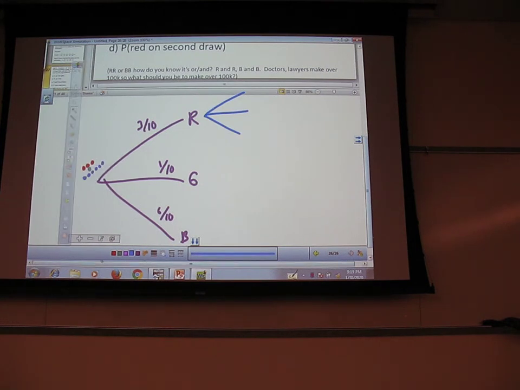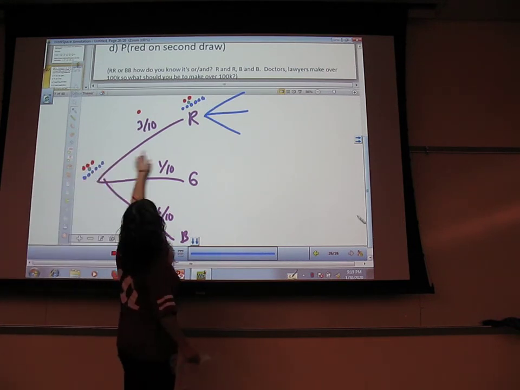Everybody on board? I draw a red one. This is why it gets confusing. What do I have left? You have red, red, green, and blue, blue, blue, blue, blue, blue. Everybody on board? If I draw a red one out of here, then this is what I have left.